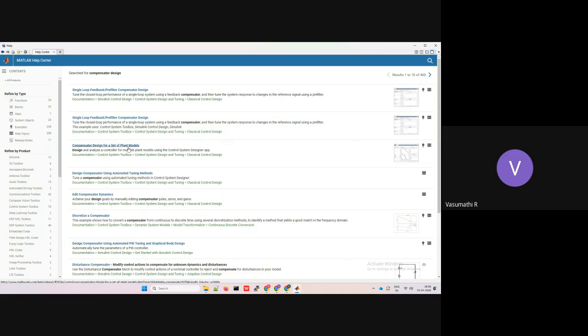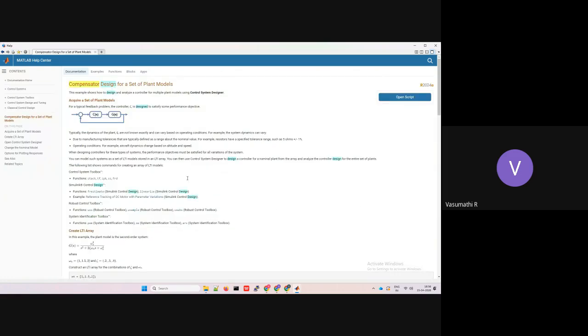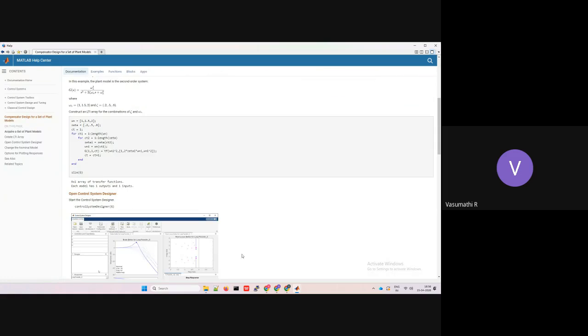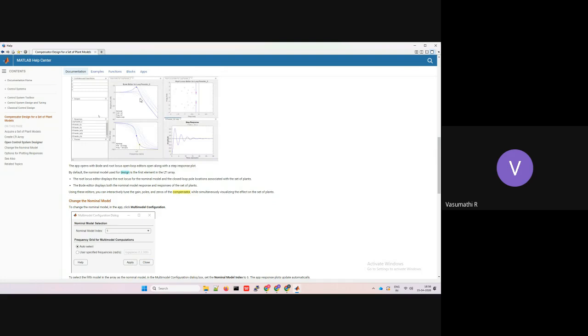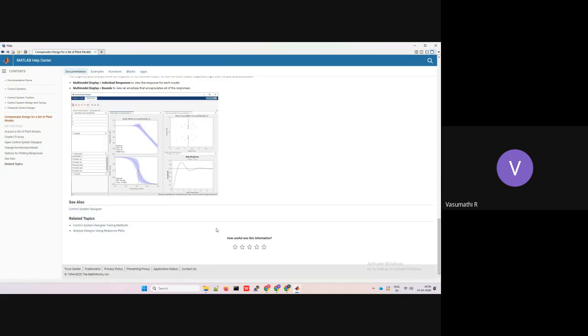See, there are many examples. You can use this also to do it, but you should know how to do that. If I'm going into this, for example, there are videos explaining what the system does and how you can replace it, and how to tune your compensator to achieve your desired specifications. Everything will be given here. It's also available on MATLAB platforms.